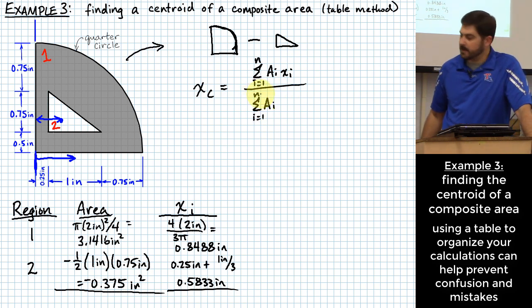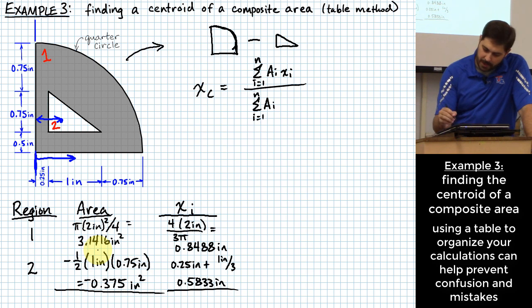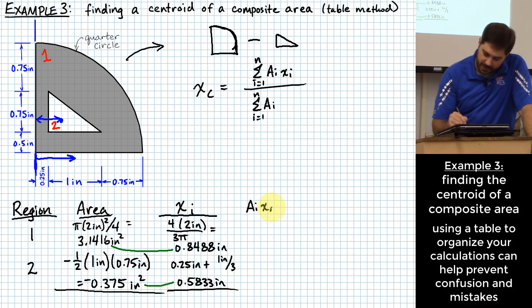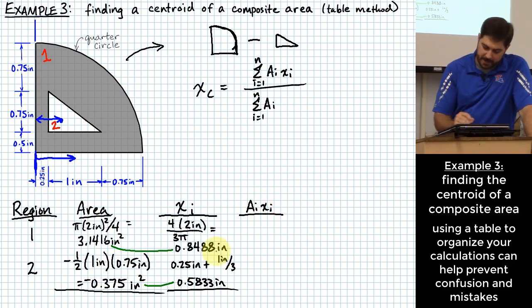What that sum of a sub i, x sub i basically is, we're going to take products of this and this, and products of this and this. We can actually make another column for this. I'm going to call it a sub i, x sub i, and we can go ahead and multiply these values together.